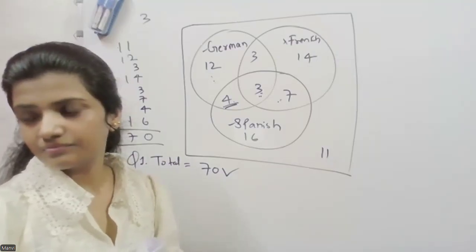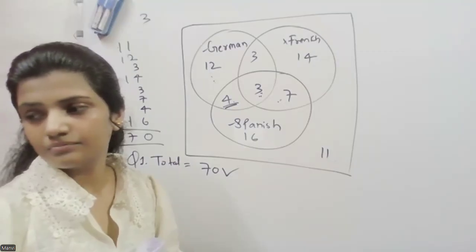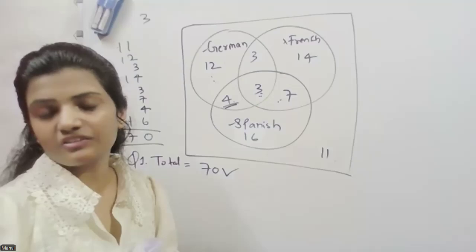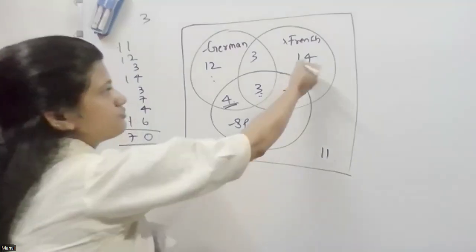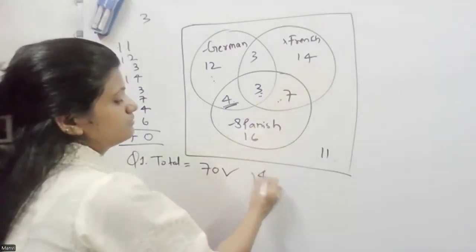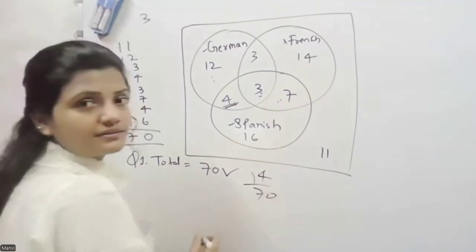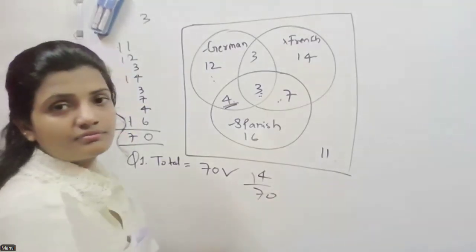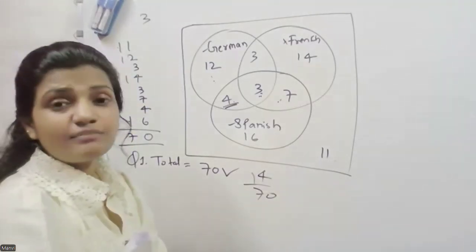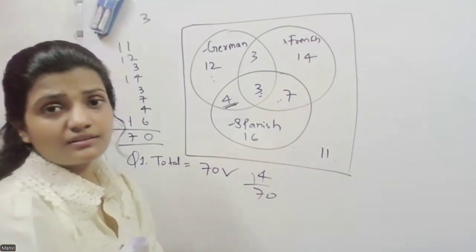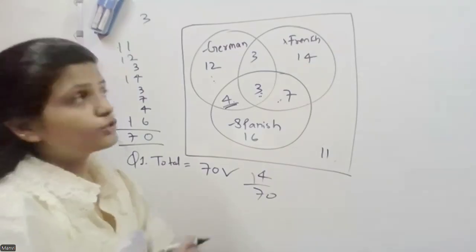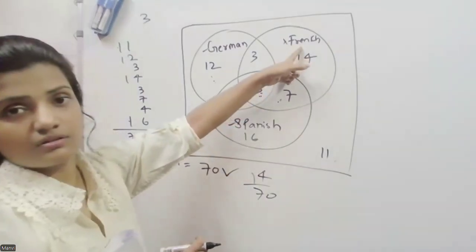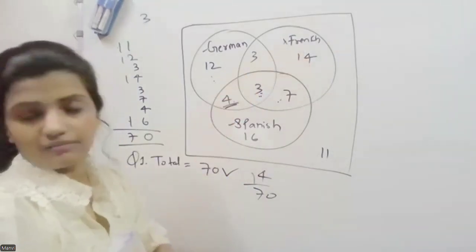Only French, not any other answer. You need to divide this 14 by the total. I said 14 by 70, right? Yeah, but I asked about the fraction of students who speak only French. 1 by 5. Yeah.